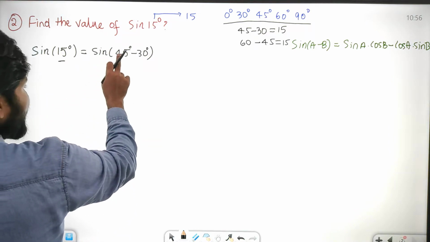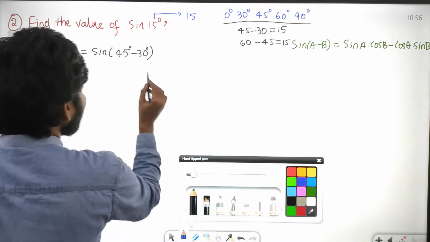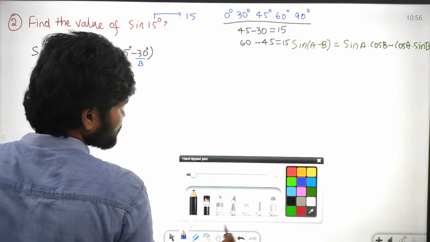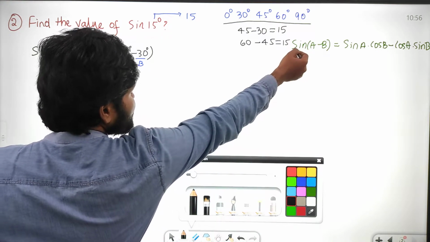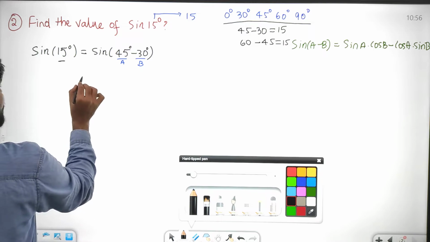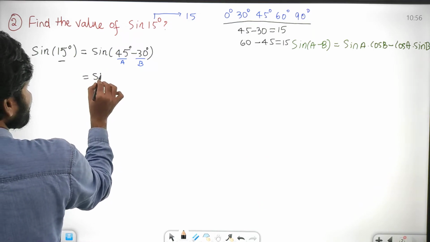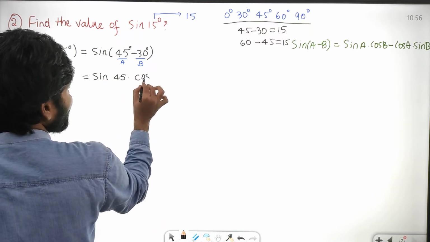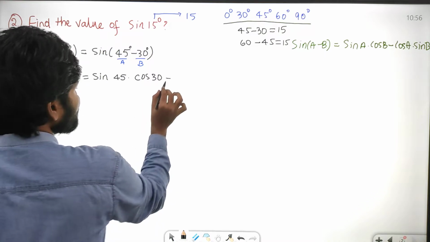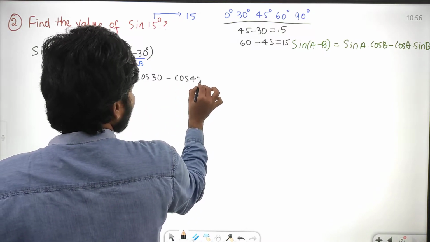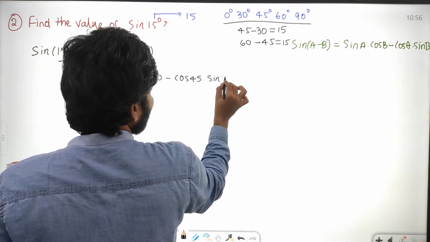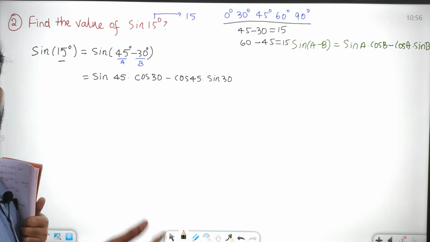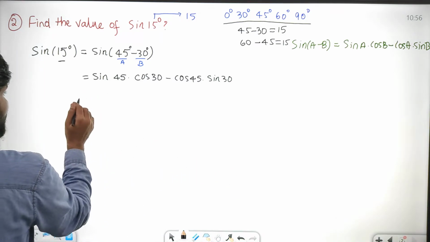So write sine A minus B. This is A, this is B. So use this sine A minus B equation and write it. Sine A cos B minus cos A sine B. Now we know the values, right? We know the sine, cos, tan values from 0 to 90 degrees. Let's write the values.